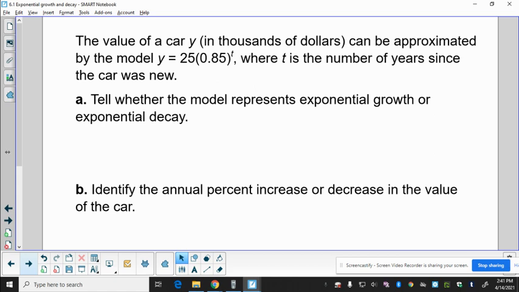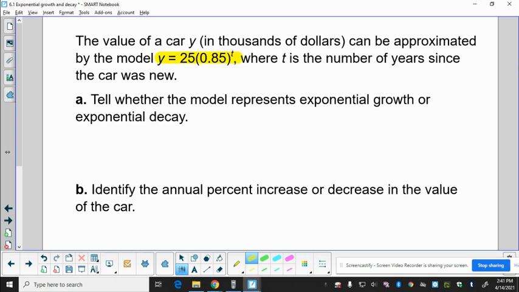So the value of a car is Y, and it's in thousands of dollars. It can be approximated by this model equation, which is an exponential equation. T is a number of years since the car was new. So what we want to do is tell whether that model represents exponential growth or exponential decay, first of all.